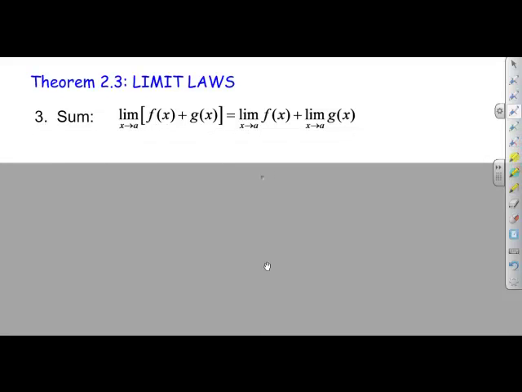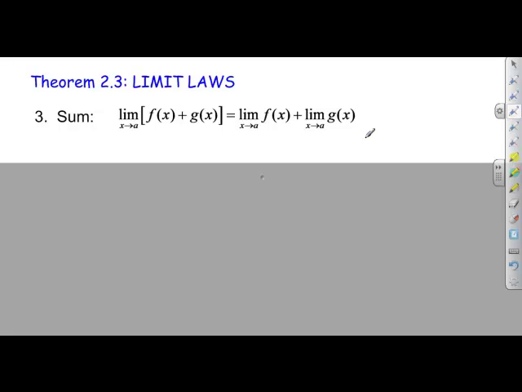All right, what we're looking at first in the sum rule is a limit of a sum of two functions, f of x plus g of x. I think many of these rules are much easier to remember if you remember them in words, rather than try to memorize the mathematical notation. Think of what this is saying in words.